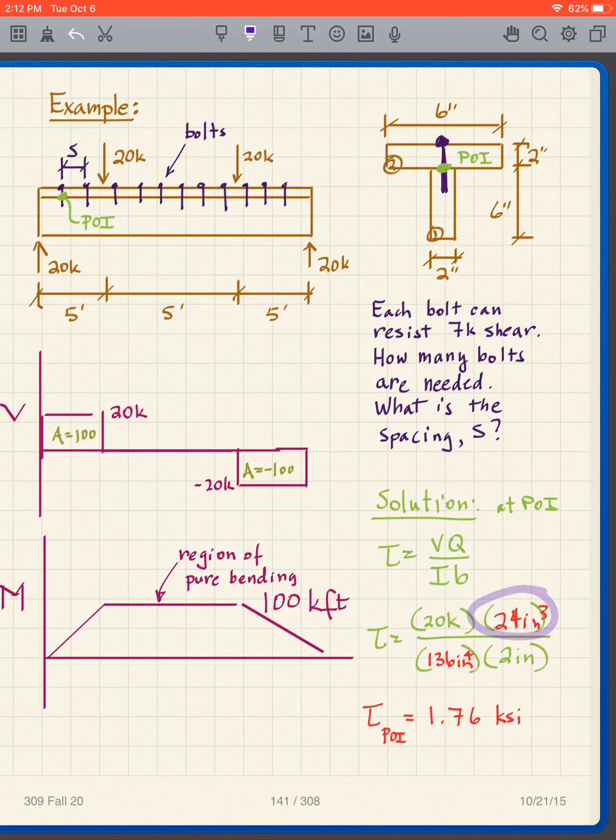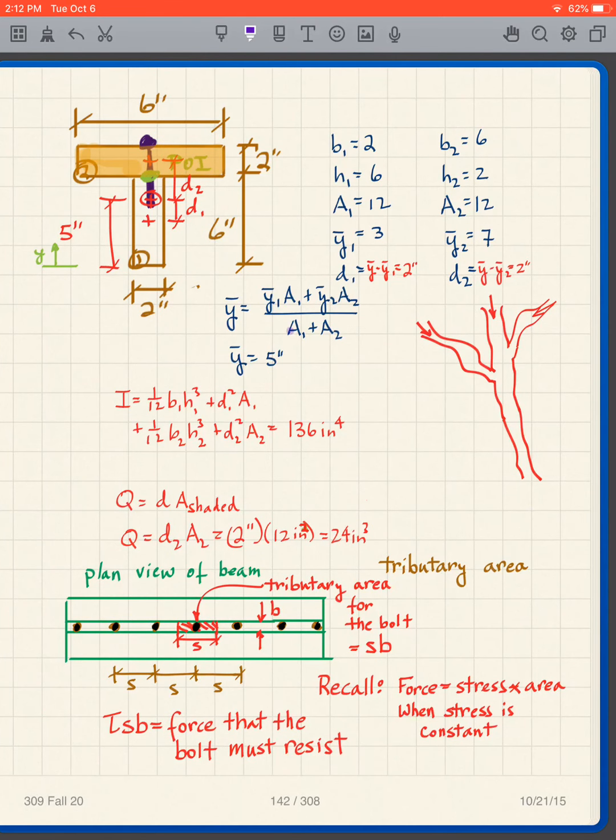The only one left is my Q. Now I'm going to use my y bar as 5 inches. That means the overall centroid is at a distance 5 inches from the base. My shaded area is simply this area up here. And I want the distance from the overall centroid to the centroid of that shaded area.